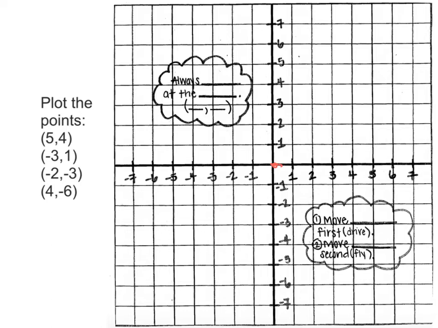When you go to plot points on the coordinate plane, you will always start at the origin. That is a point that we call 0, 0. What you'll use when you plot points on the coordinate plane is something called an ordered pair.